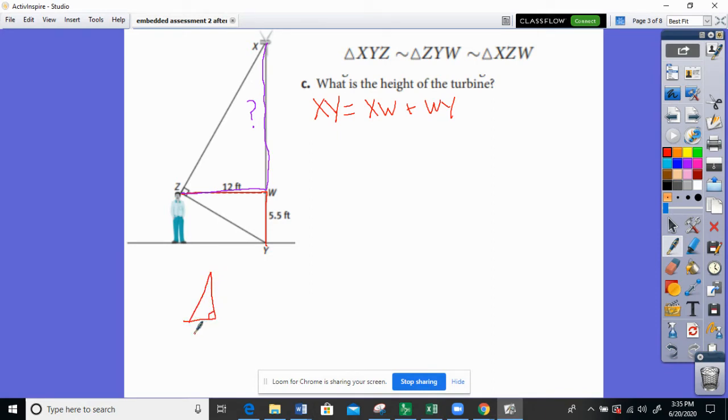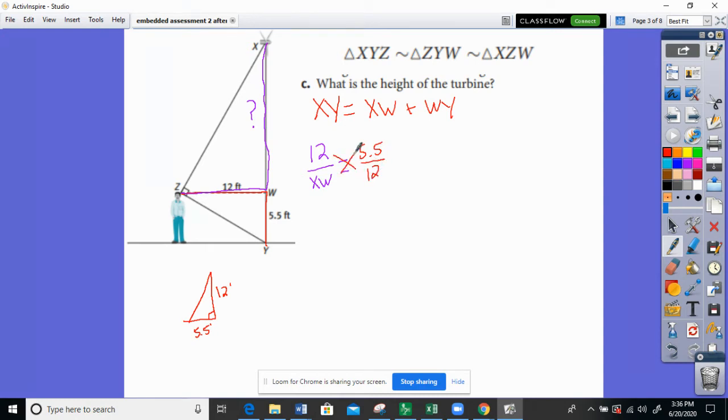So we've got a relationship between the base of the triangle and the height of the triangle. In triangle XZW, the length of the base is 12 feet. The length of the height is the side length that we're looking for, that's segment XW. In the triangle on the bottom, triangle ZYW, the length of the base is 5.5 feet. The length of the height is 12 feet.